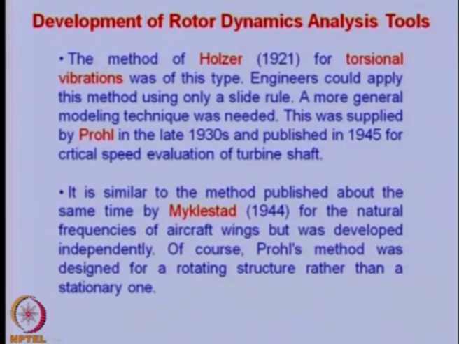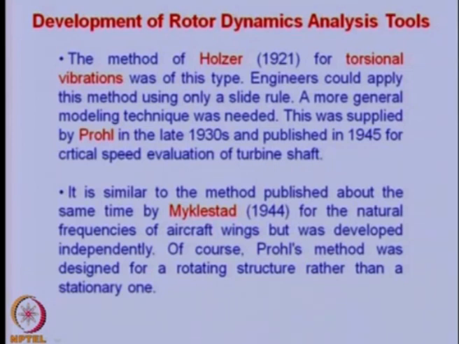This was supplied by Prohl in the late 1930s and published in 1945 for critical speed evaluation of turbine shafts. It is similar to the method published about the same time by Myklestad in 1944 for the natural frequencies of aircraft wings, but was developed independently.